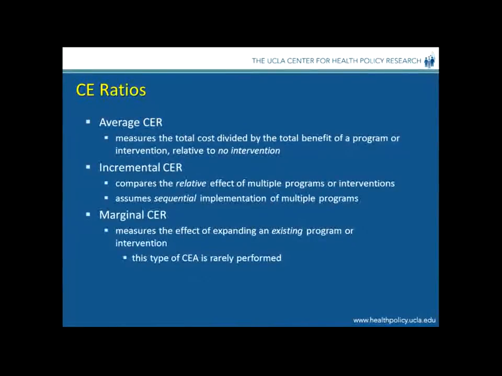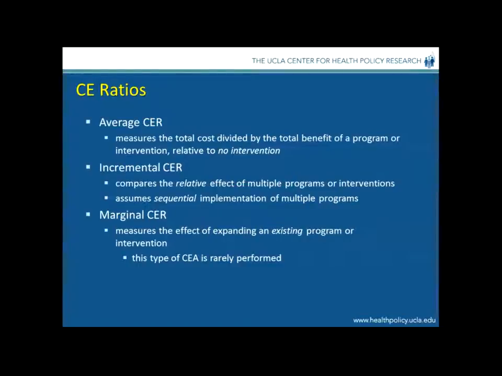I just want to remind you that I've been talking about cost-effectiveness ratios and ICERs, but there are really three types of cost-effectiveness ratios. ICERs are the ones that we're typically doing, but in theory, you could calculate an average cost-effectiveness ratio. I've actually seen these discussed, but this is not necessarily useful. This is usually an average compared to doing nothing.